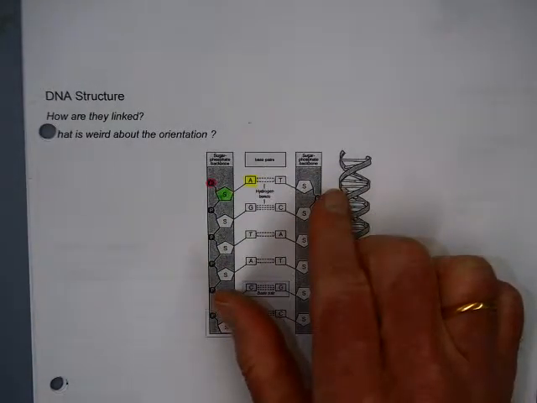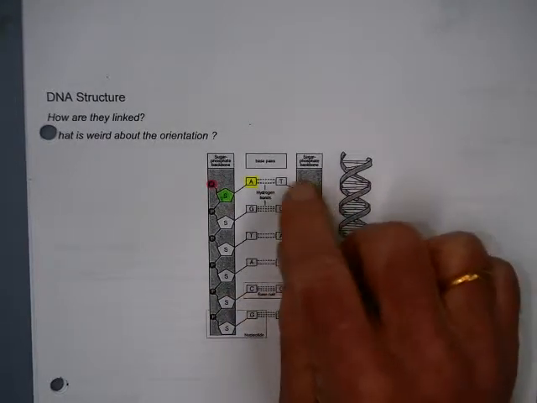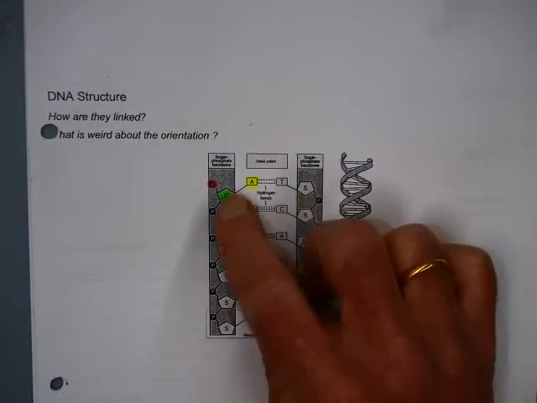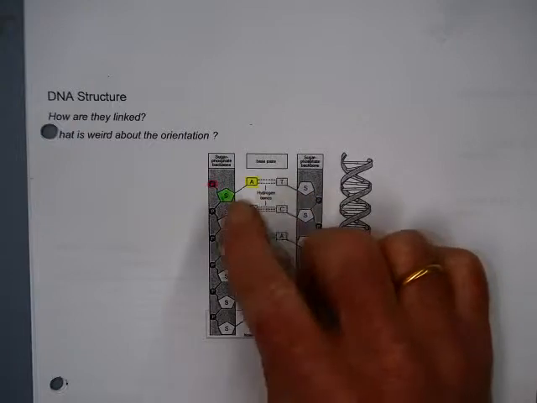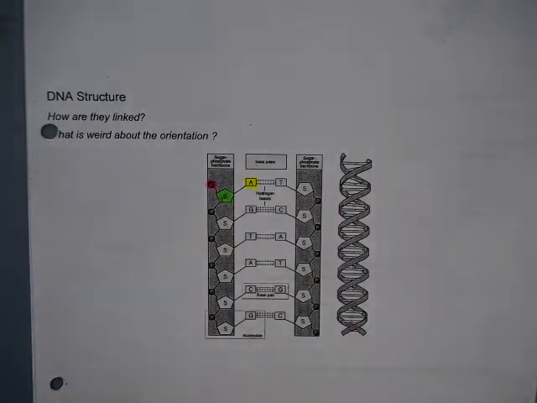If you look at the other side, it repeats too, but it's upside down. You see the S here? You see the direction of the point? It's opposite. So in fact, DNA is said to be anti-parallel. It is parallel, but the directionality is opposite to each other. Now you don't care about this until you get to Bio 12, okay? It makes a difference now, but not until Bio 12.